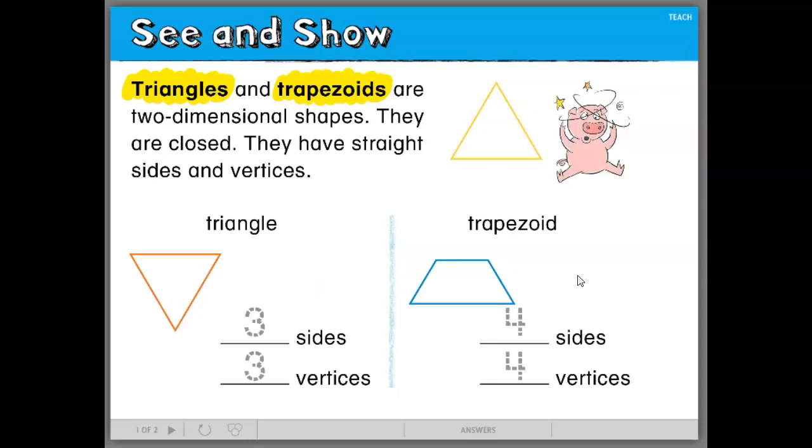No, they are not. Does it have any sides that are the same? So these sides right here are the same length. So a trapezoid has 1 set of sides that are the same. So we say this is a set. If I have 2 together, that's a set. So just 1 set of the sides are the same.